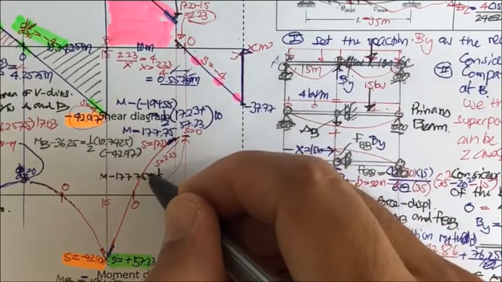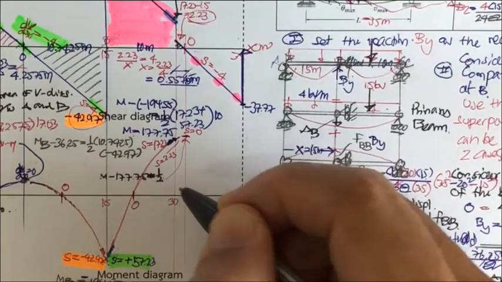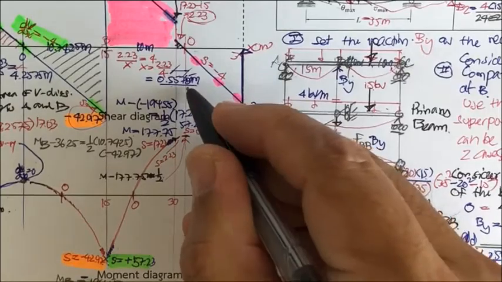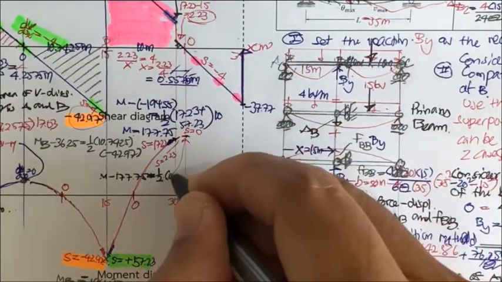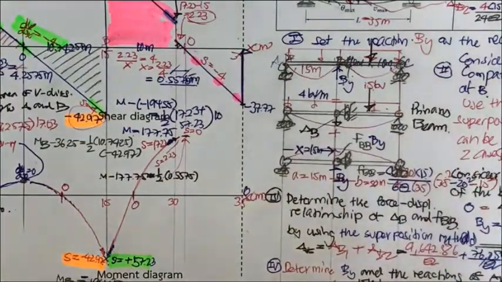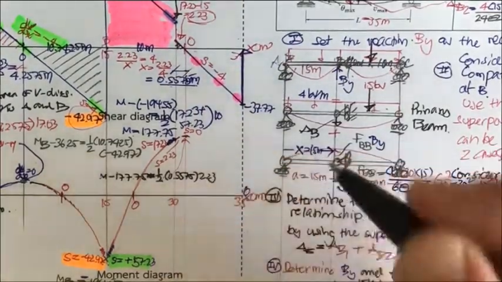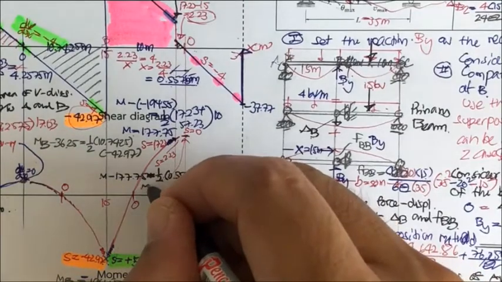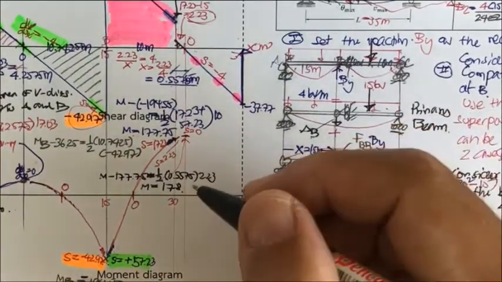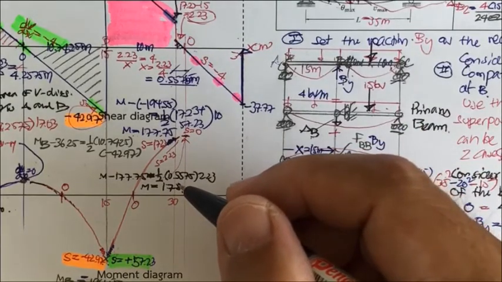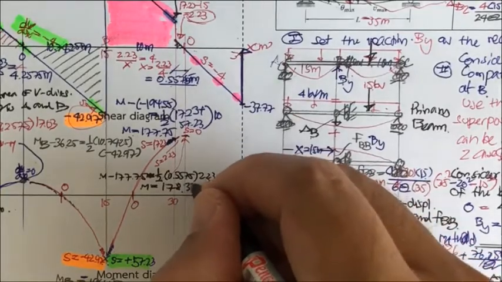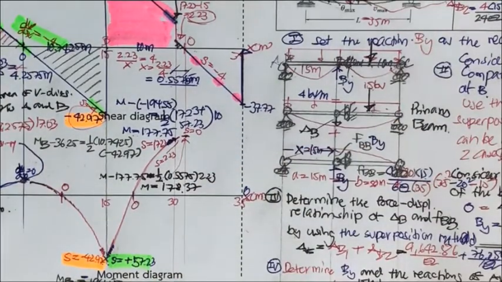It's going to be equal to 1/2 of what? 0.5575 and times 2.23. You may get m here equal to 178.37. Okay, you got that, right?